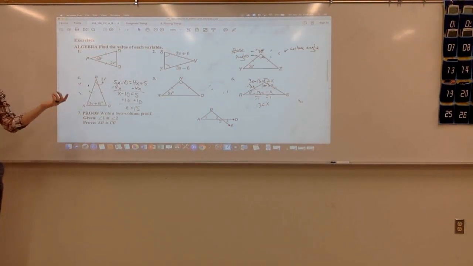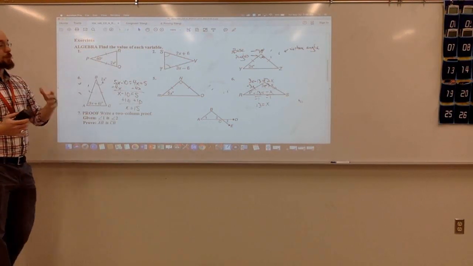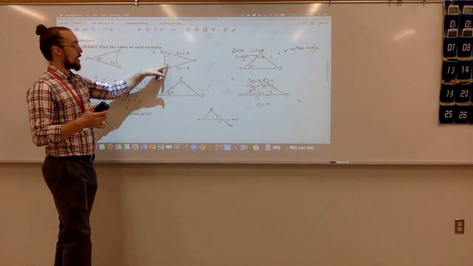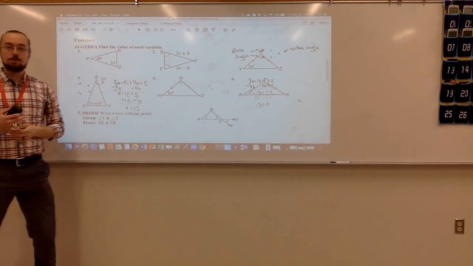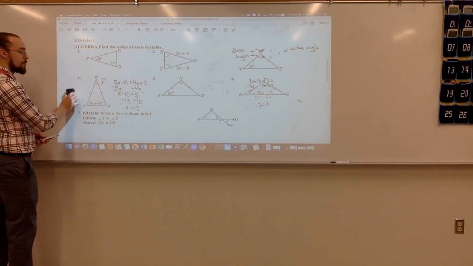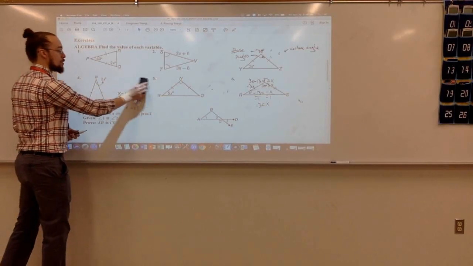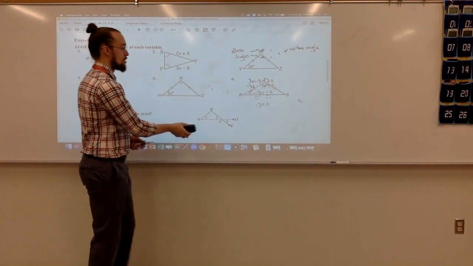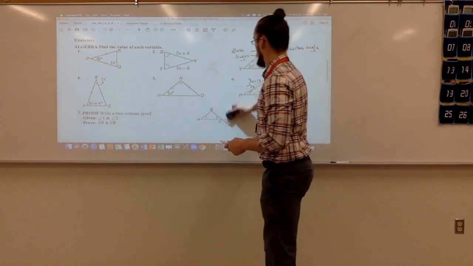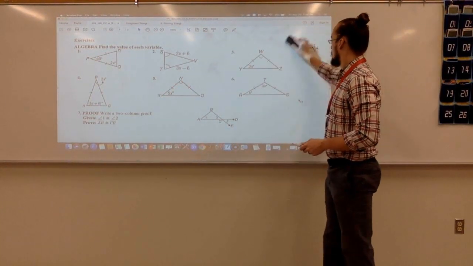Some of them were given that the sides are congruent and we need to solve for angles. Some of them were given that the angles are congruent and we need to solve for sides. Okay, but all 6 of these examples down here are isosceles triangles. So let's take a couple of minutes here and practice some of these.